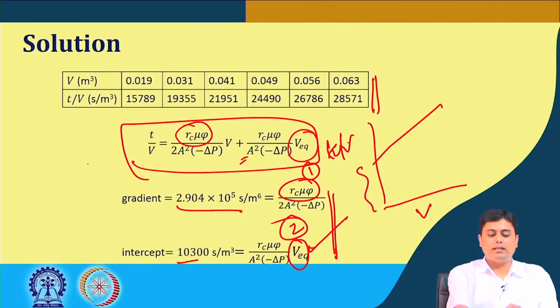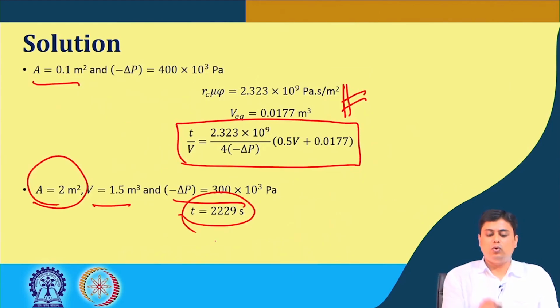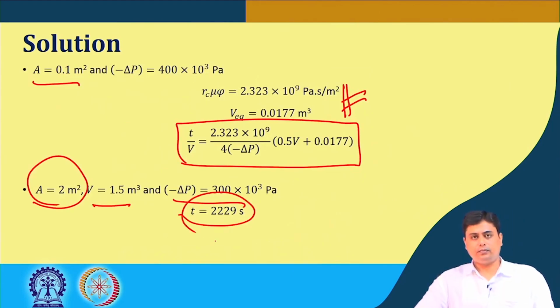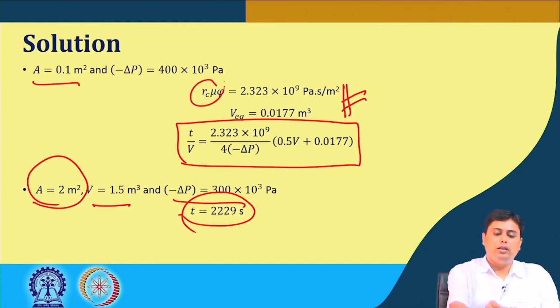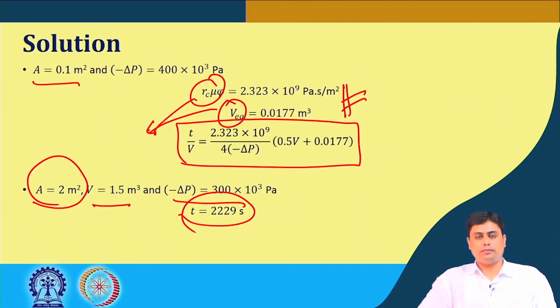We replace these in this expression, and we get T as 2229 seconds. Since this is a similar type of filter and the filtrate is identical, the properties are identical. That is why we can safely use these two parameter values as they are in the T by V expression.